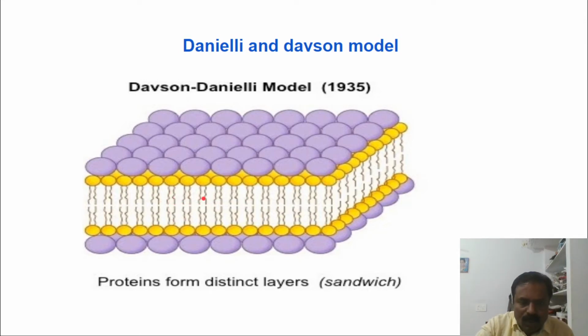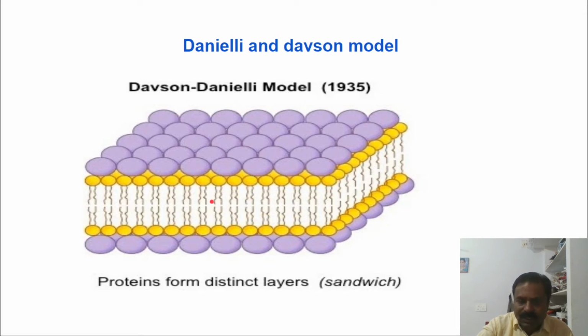See, in the lipid zone, the molecules are arranged in two rows. So it is a bimolecular region. This is one row of lipid molecules, and this is also one row of lipid molecules. So it is a bimolecular lipid region.